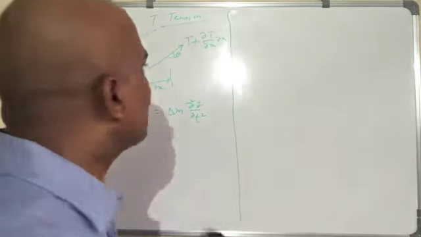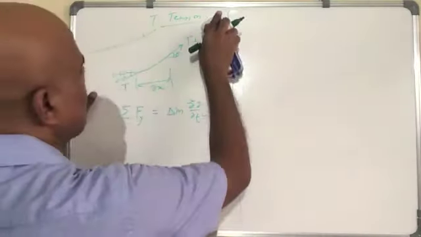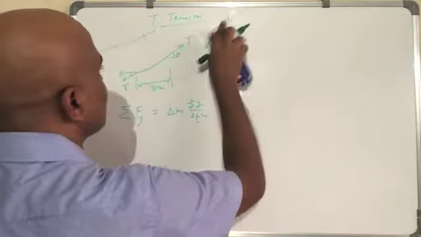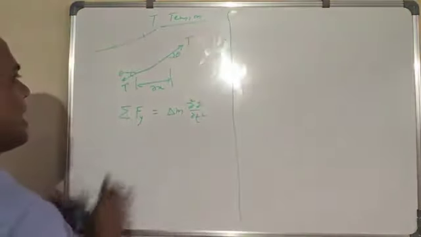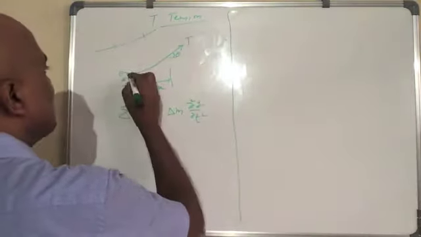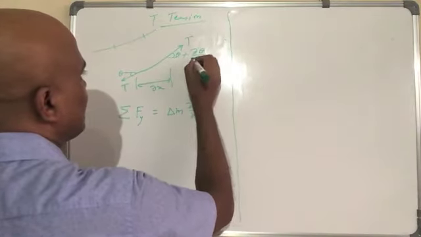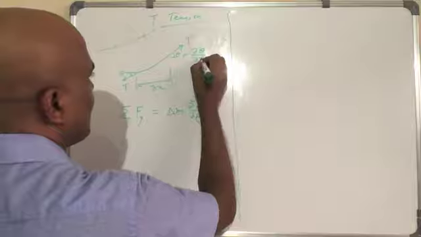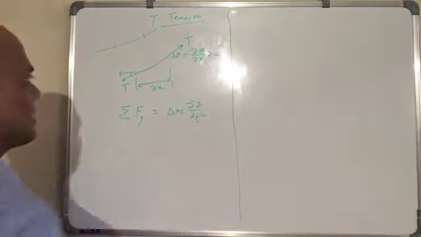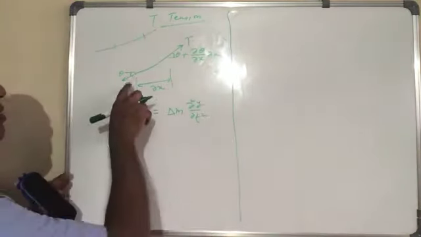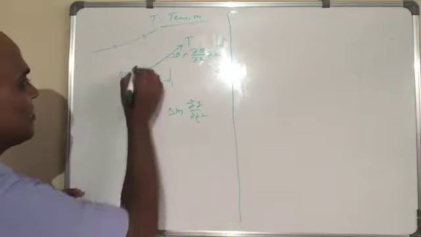What we are going to assume is that tension remains the same throughout. So tension does not change. However, theta is changing. So here we have theta, and then plus we have del theta over del x, del x. Now we have to see the vertical components.